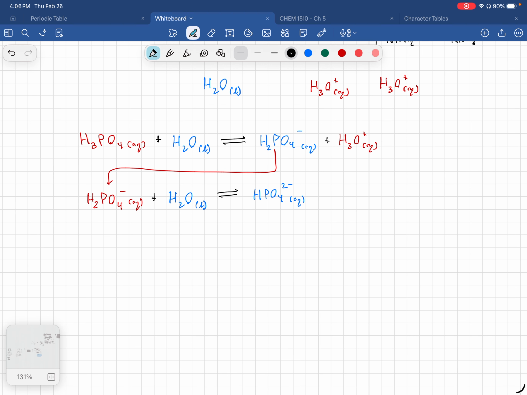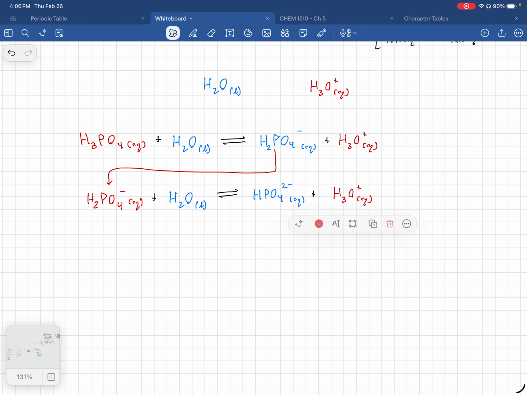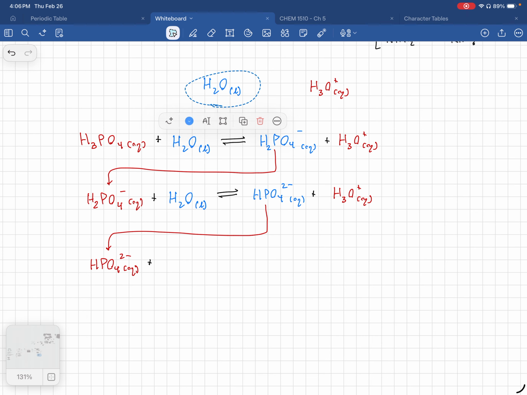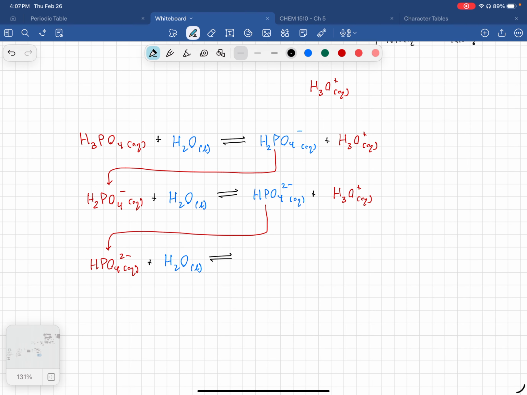And then, of course, we generate another equivalent of H3O plus. And then yet again, we still have one more ionizable proton left here on the HPO4 2 minus that could then, again, in the right environment, act as a Bronsted-Lowry acid in the presence of a Bronsted-Lowry base, such as water, to form its final form, the least protonated form of it.